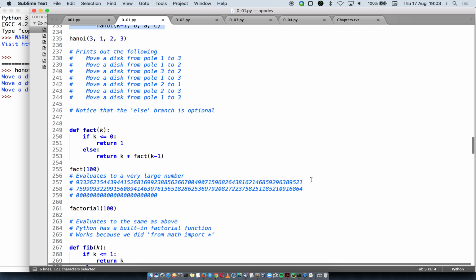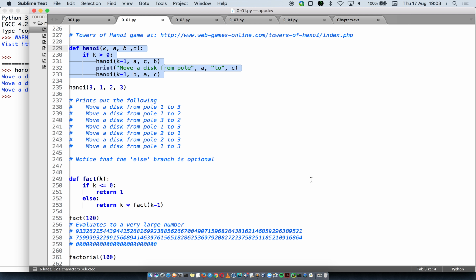Is this solution clear? Okay, I want you to notice something else. The original problem said move all the disks from pole 1 to pole 3. What did we solve with something slightly different? We said move all the disks from a generic pole A to a generic pole C. So we generalized, and generalizing is an important step of problem solving.